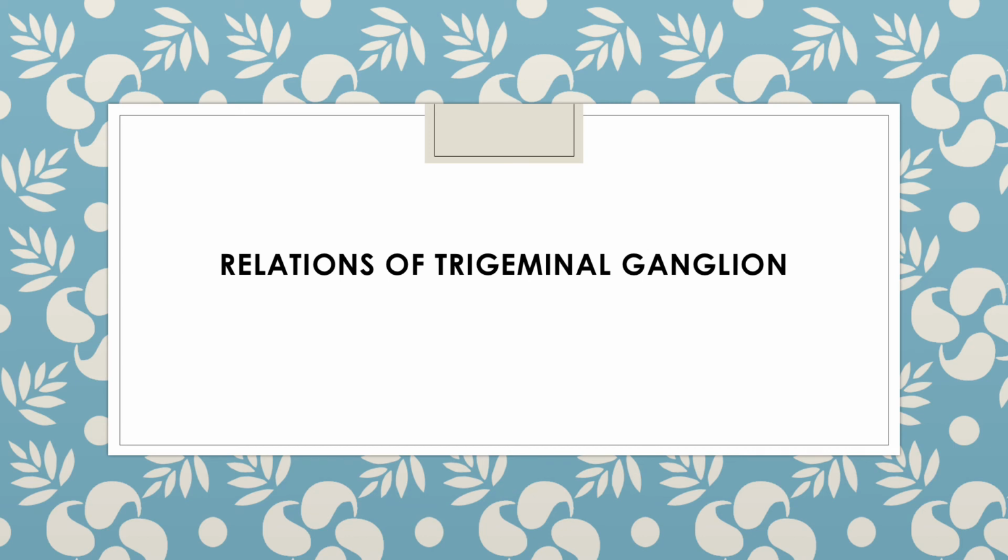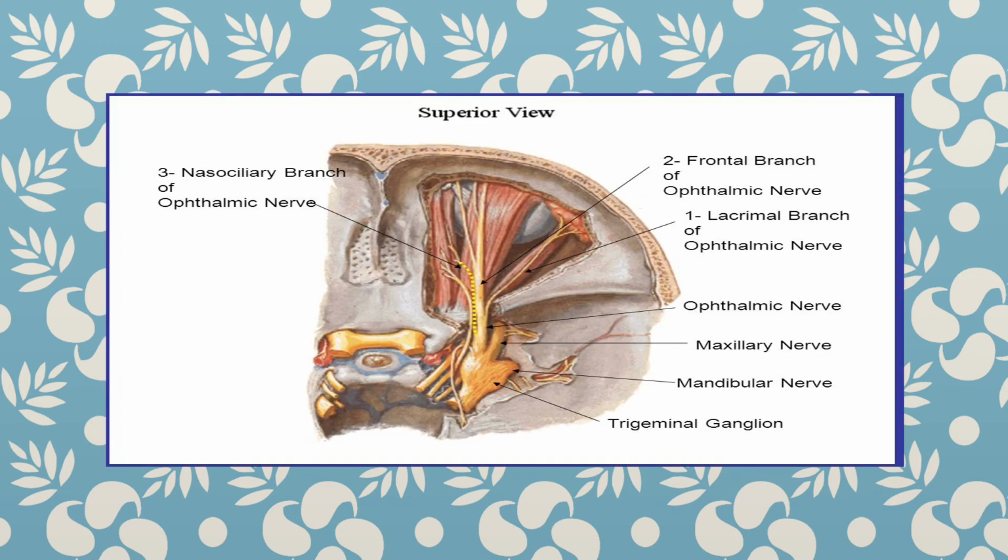Now we come to the relations of the trigeminal ganglion. Firstly, we have to understand the location of this ganglion within the middle cranial fossa. This is the superior view of the skull. Here you can see the trigeminal ganglion.